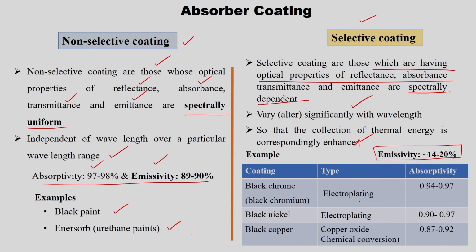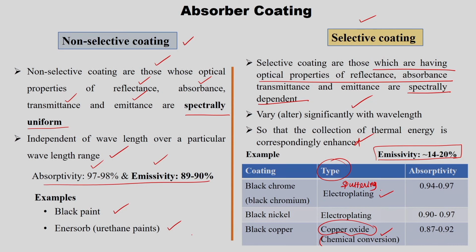The type of coating or selection, the method with which we apply this selective coating technique, may be electroplating and sometimes sputtering as well, and chemical conversion method. So, an example is copper oxide. Copper oxide is selectively coated on the absorber plate. So, the method used is chemical conversion.